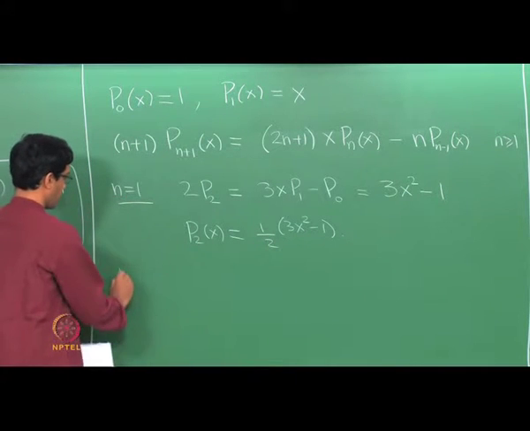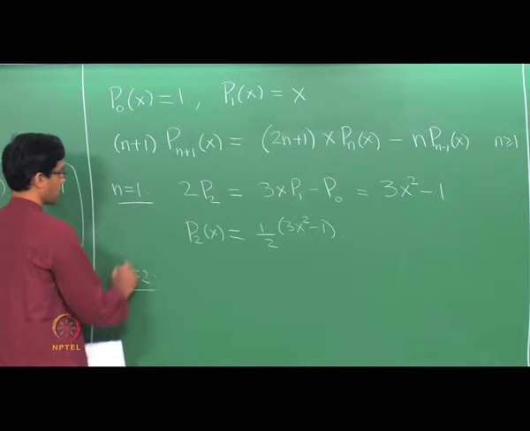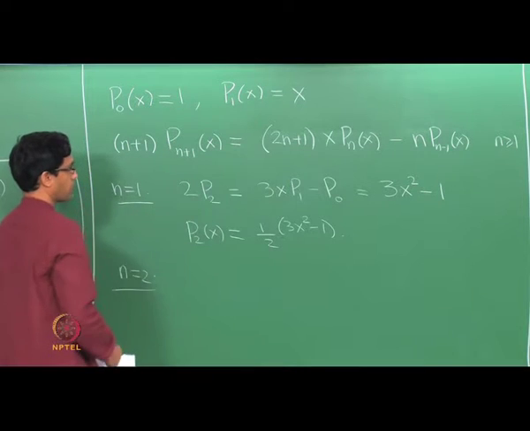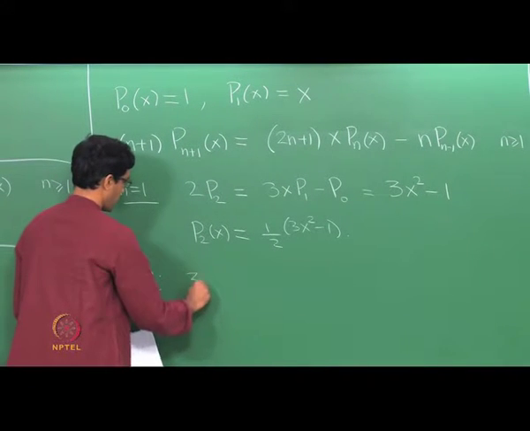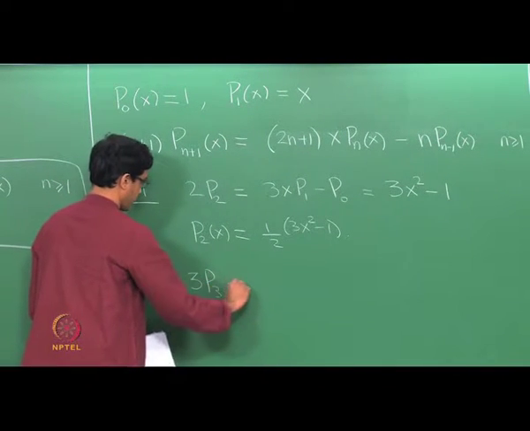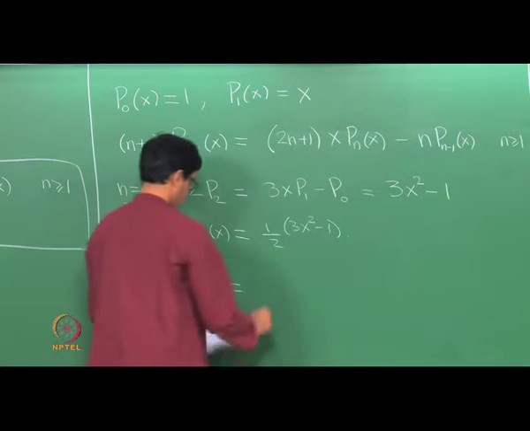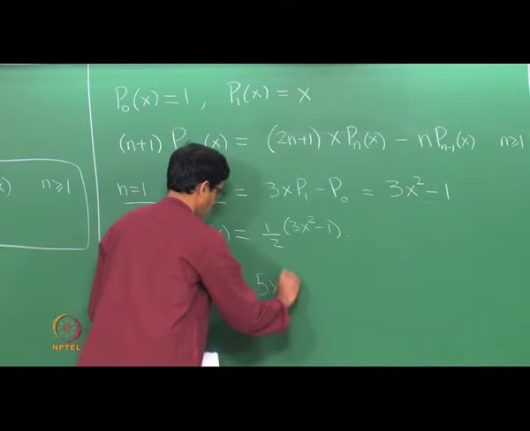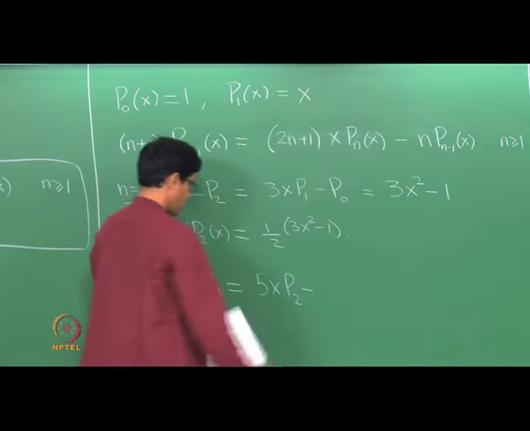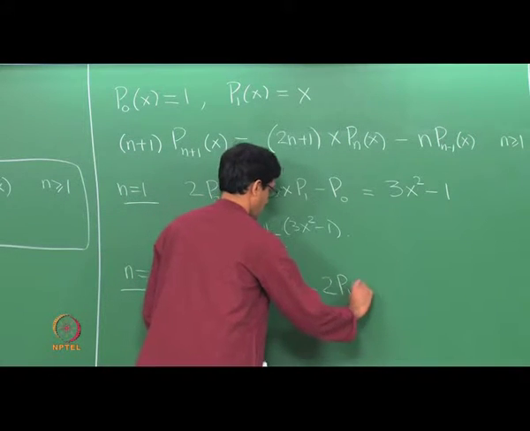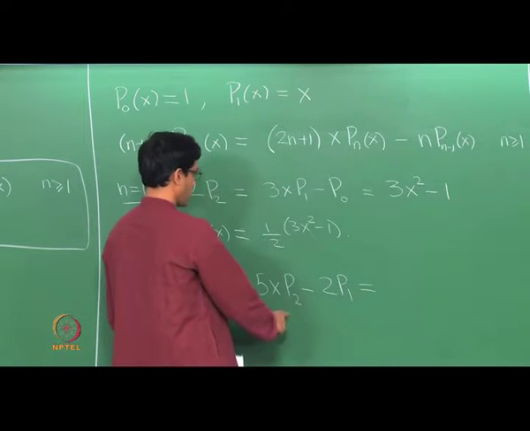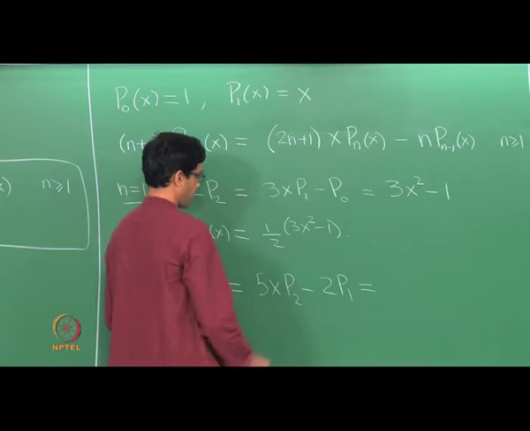Similarly, let us put n equals 2 in the recurrence relation. We take this equation, put n equals 2, and we get 3 times P3 equals 5x P2 minus 2 P1, and we just computed P2 is half of 3x squared minus 1.